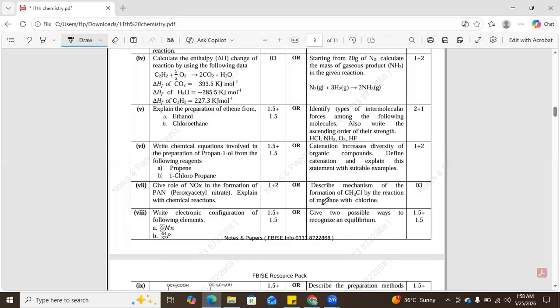Describe the mechanism of the formation of CH3Cl by the reaction of methane with chlorine. Write the electronic configuration of the following elements. They have given you the atomic number and atomic mass of the elements. Give 2 possible ways to organize an equilibrium.